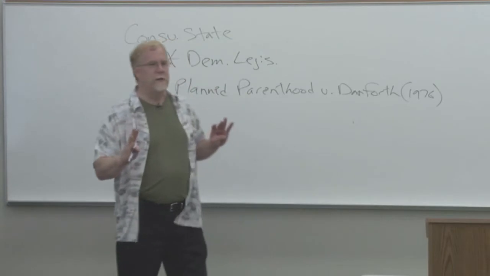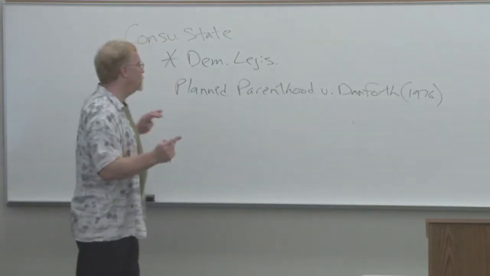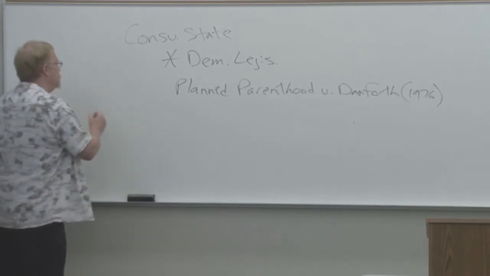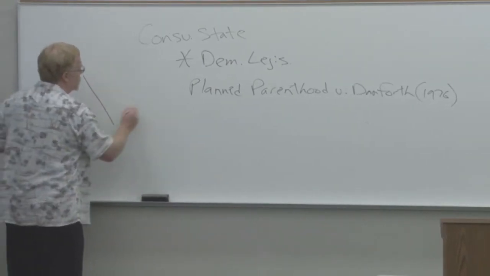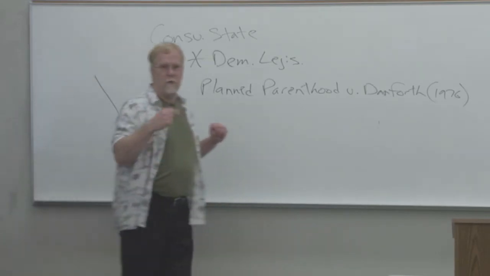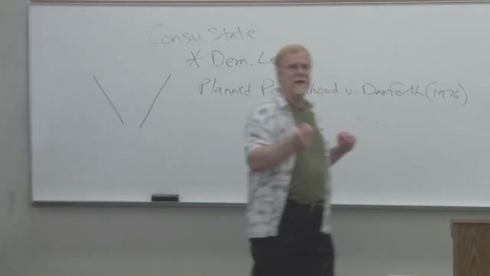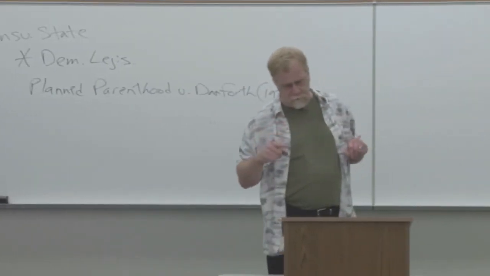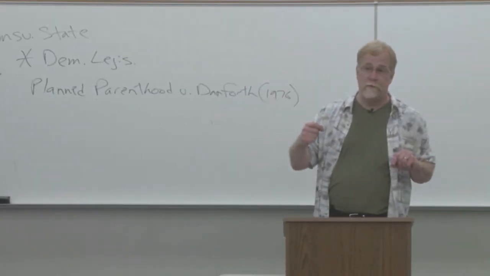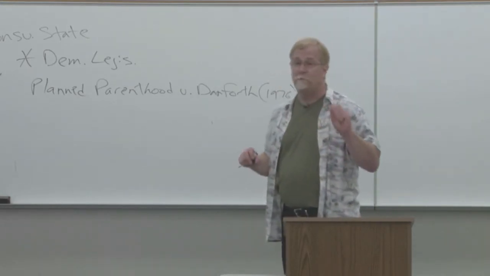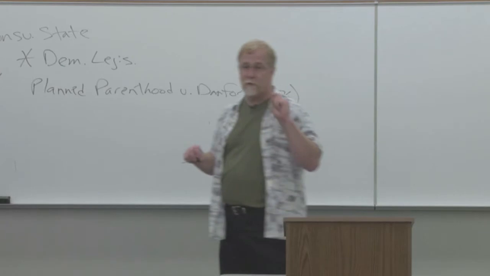What Missouri is trying to do is take the Roe versus Wade decision and narrow its application. In Planned Parenthood versus Danforth, this gets all the way to the United States Supreme Court, and the United States Supreme Court rejects spousal and parental consent.